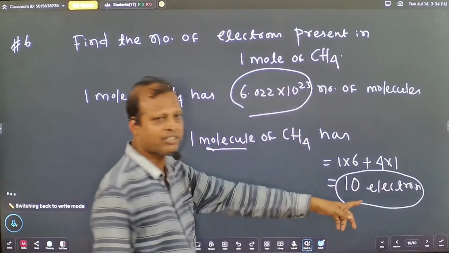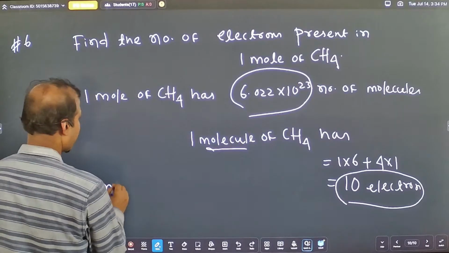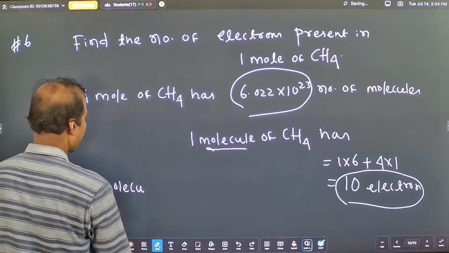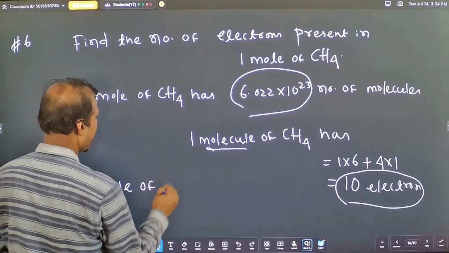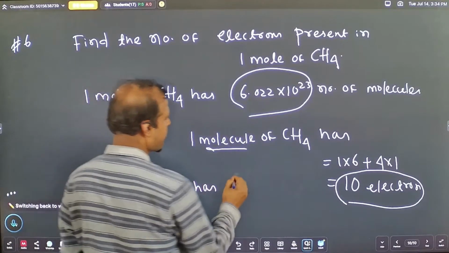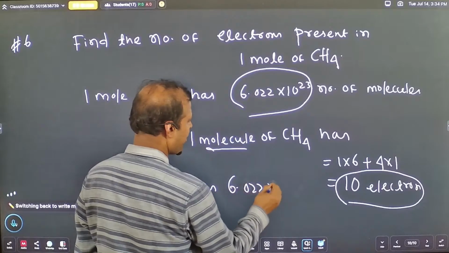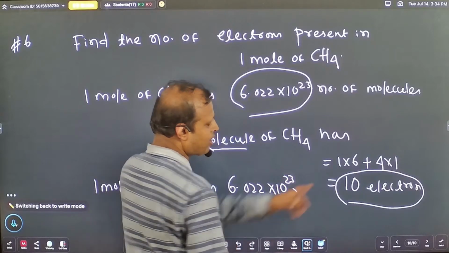Unitary method, right? So in other words, 1 mole of CH4 has 6.022 into 10 to the power 23 molecules, and 1 molecule has 10 electrons.